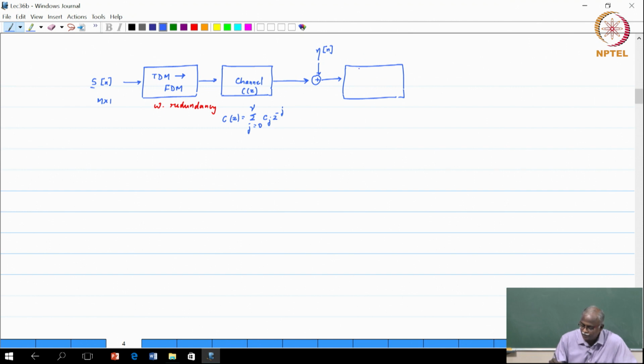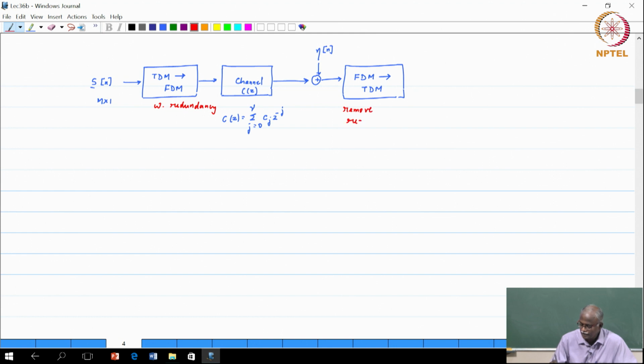At the receiver we have to do the reverse operation of splitting the sub channels. So, I call it FDM to TDM, the individual sub channels. And at this point we also have to do the processing needed to remove the redundancy.